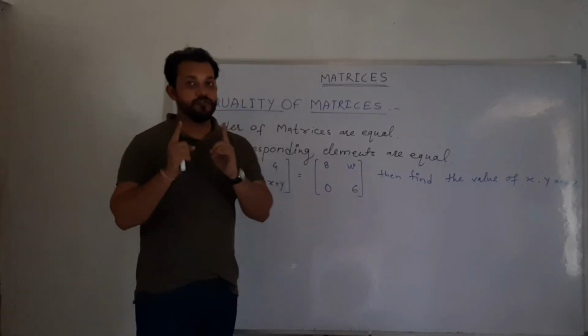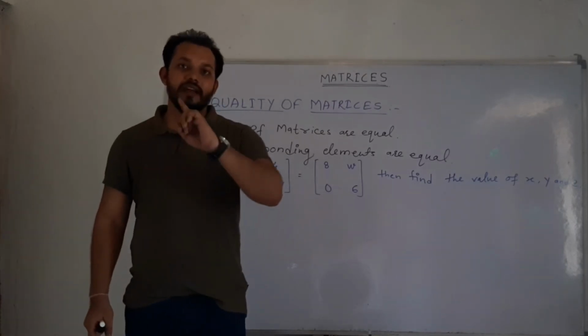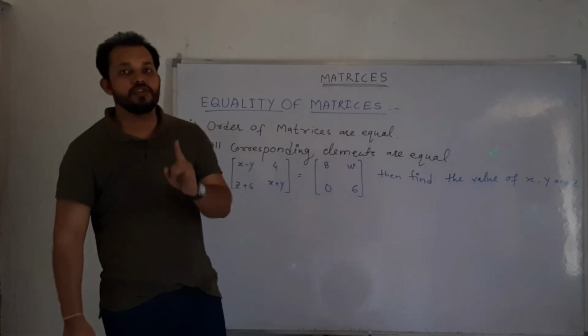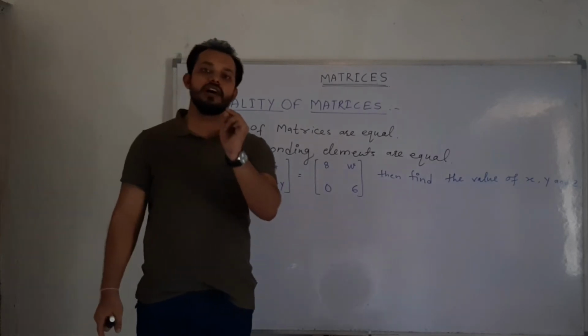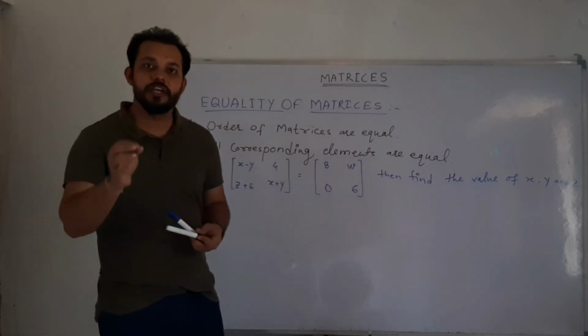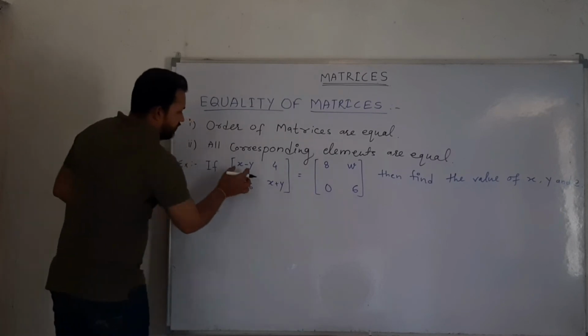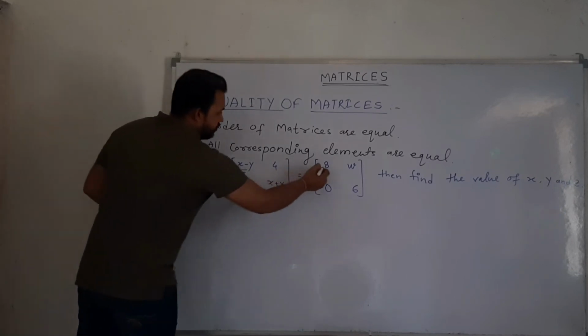That means if two matrices are equal, each and every corresponding element of both matrices is equal. So what are the corresponding elements we have to find here? This element is equal to this element.